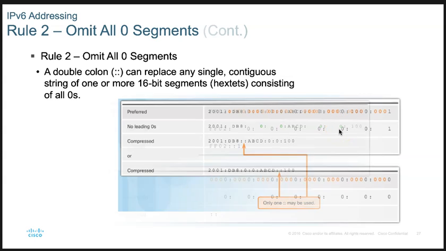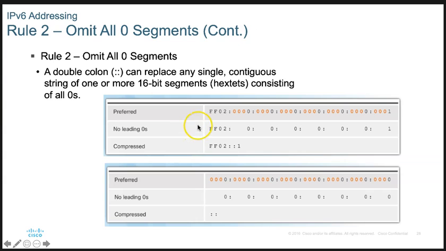Here's another example. I want you to pay attention. A double colon can replace any single contiguous group of zero hextets. Over here, we have an IP address with all zeros here, all zeros here, all zeros here, and all zeros over here. It is quite possible to remove all the leading zeros, so four zeros become 0, and this other 0000 becomes 0.